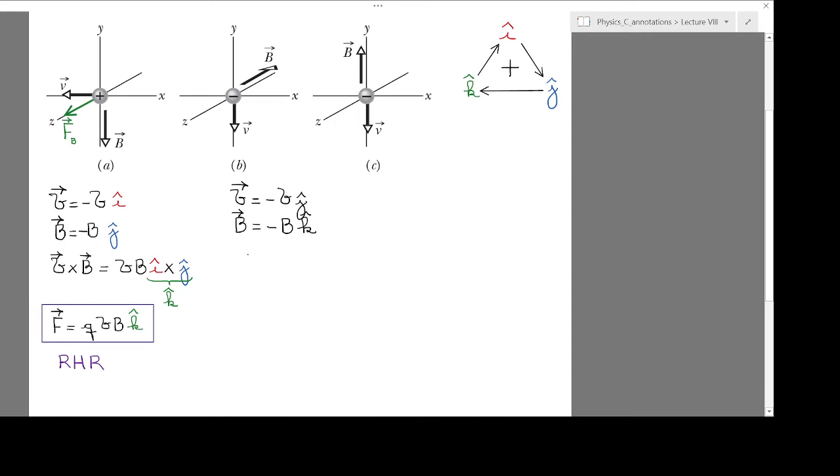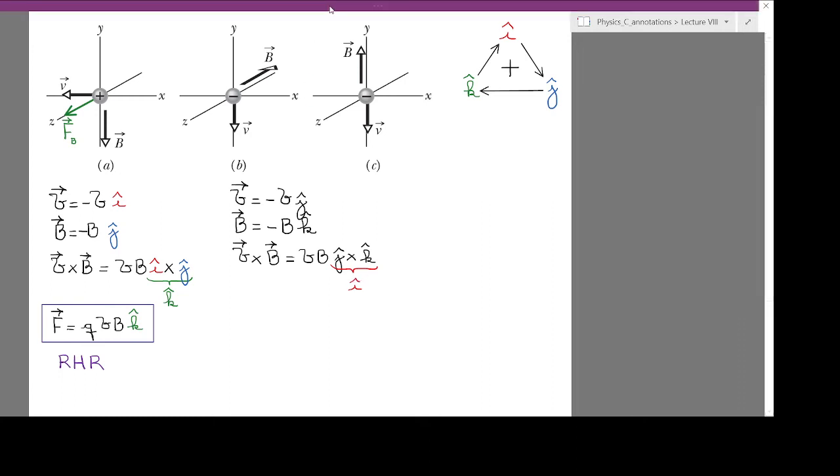So if we do this vector product here, we are going to find that this is going to be v, the magnitude of the velocity, times the magnitude of the magnetic field, times the vector product j hat with k hat, and this is in this direction, so the result is going to be i hat.